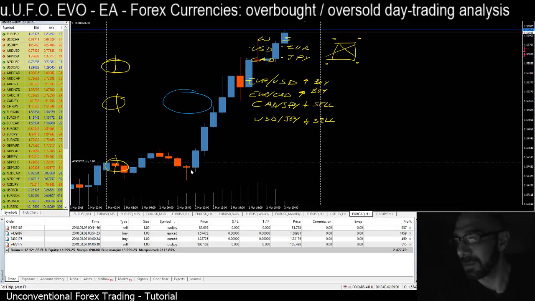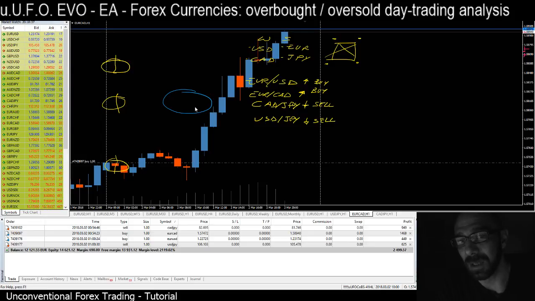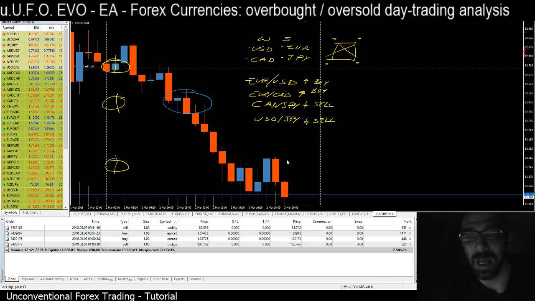Euro CAD was in buy, and was extremely compensating around this area, not maybe here, but then immediately, because this is the area of the euro dollar. And CAD yen, that was in sell in this area, was already quite enough compensating.